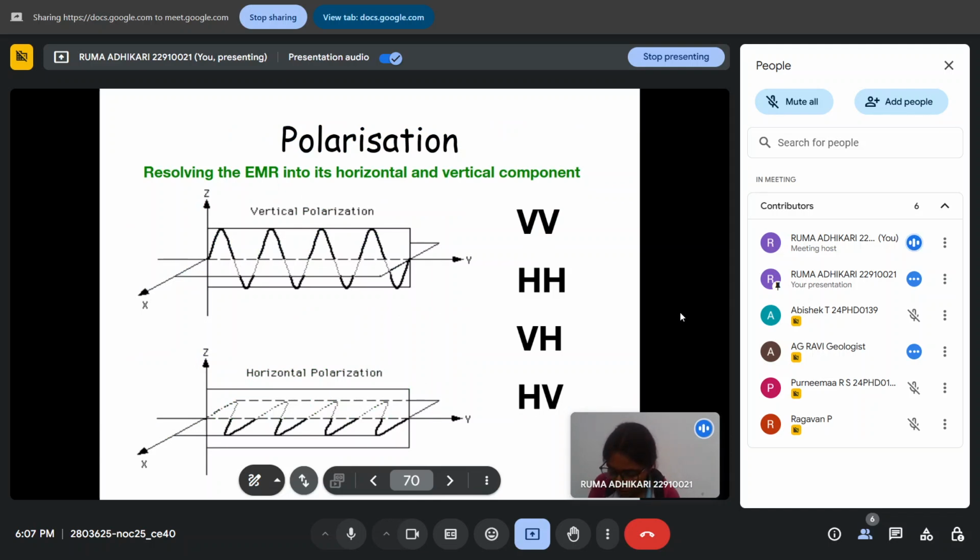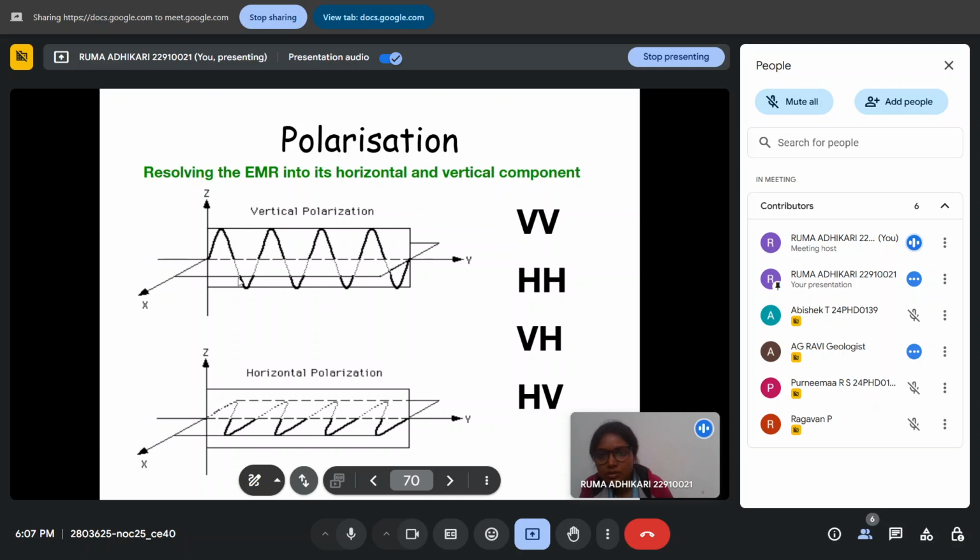This is to understand that every signal we are sending can be of two types. As we saw, we are sending these sinusoidal curves, but in 3D space this is electromagnetic.